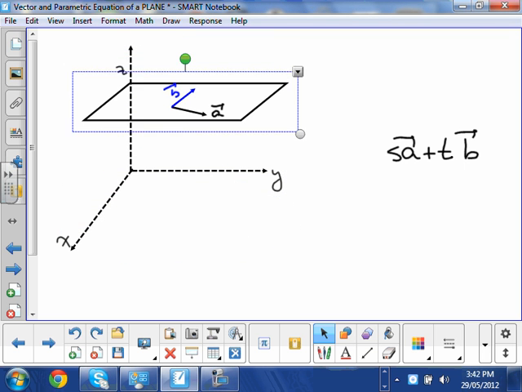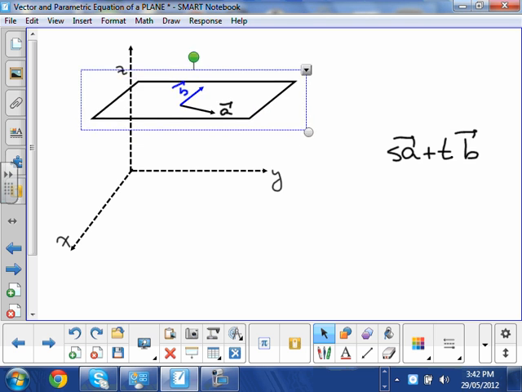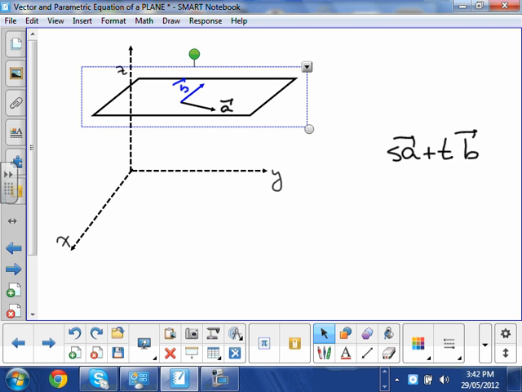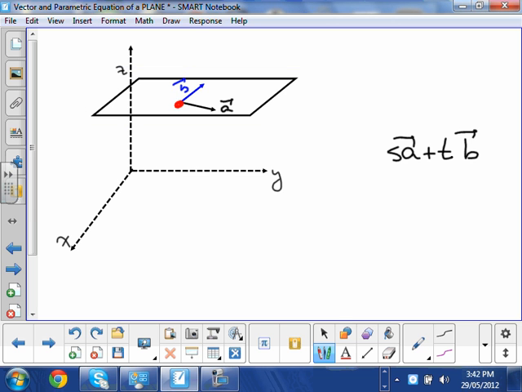And I can still generate all the points in that plane. So what I need is a certain point, a fixed point, P0, of coordinates x0, y0, that is on the plane.